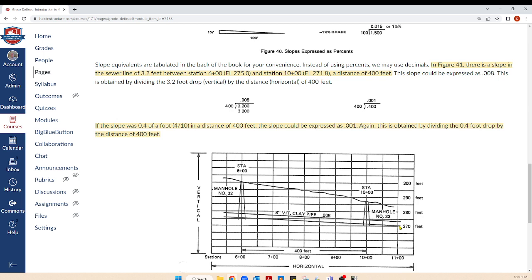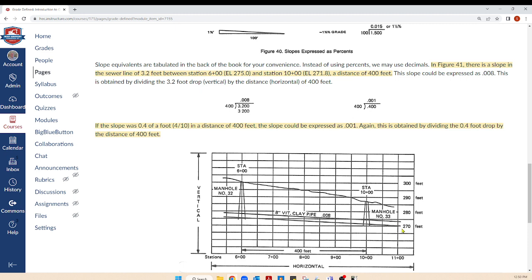Because see, it's falling from, what line am I on here? The bottom of the pipe is falling from 270, no, that's the wrong end. From 275 right here is where we're going to start. That's where the measurements start. 275, you see here's 270, here's 275, here's 280. So we're falling from 275 down to 270.